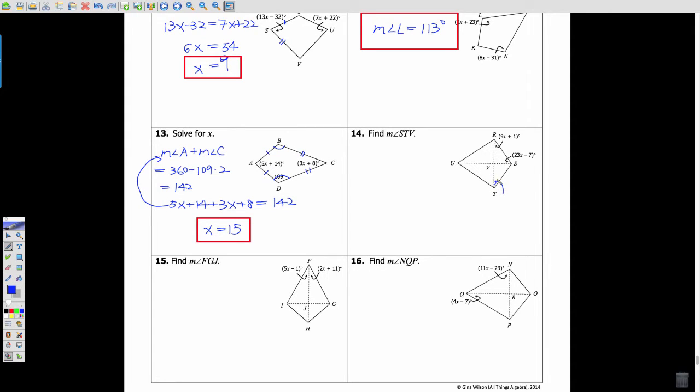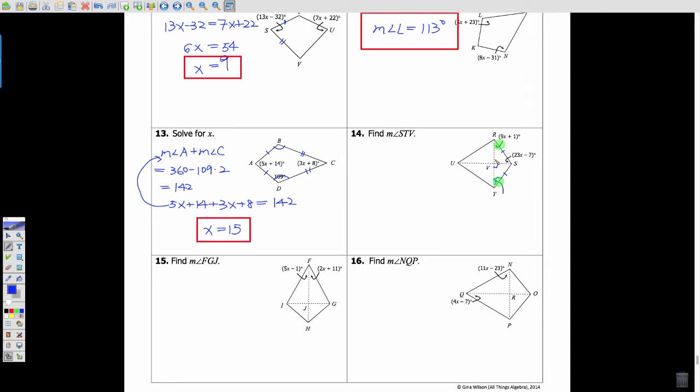So I'm asked to find this angle here. Really what I'm asked to find is basically this angle, 9x plus 1, because they are congruent, right? And this is a perpendicular bisector, and these two sides are congruent. So how do I do this one?